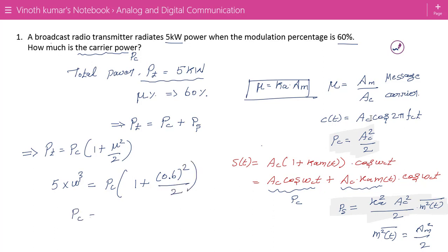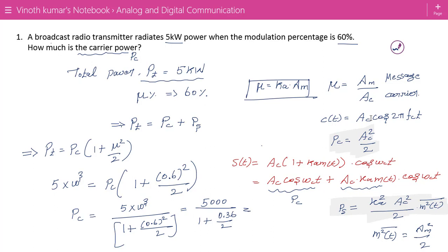So the PC value is 5 into 10 to the power 3 divided by 1 plus 0.6 whole square divided by 2. So this can be written as 5000 divided by 1 plus 0.36 divided by 2.